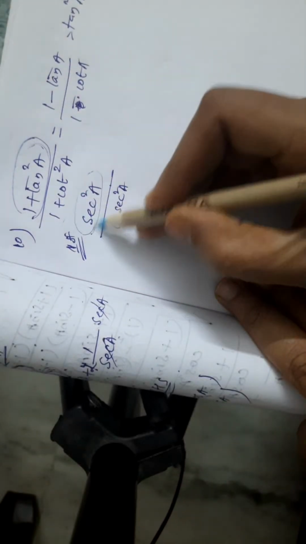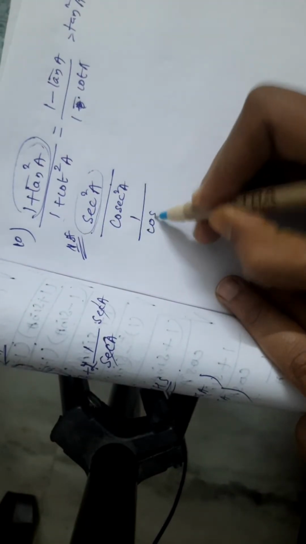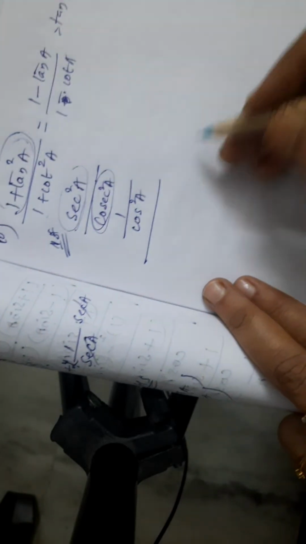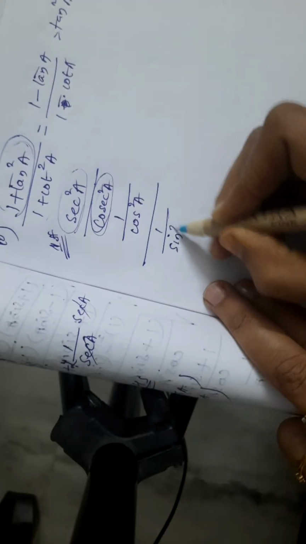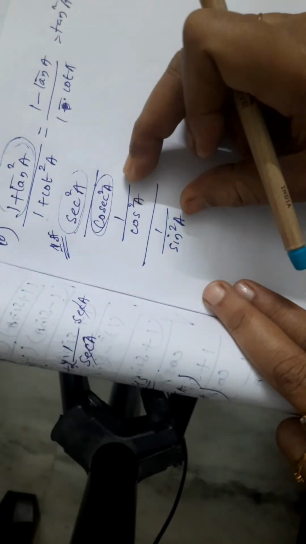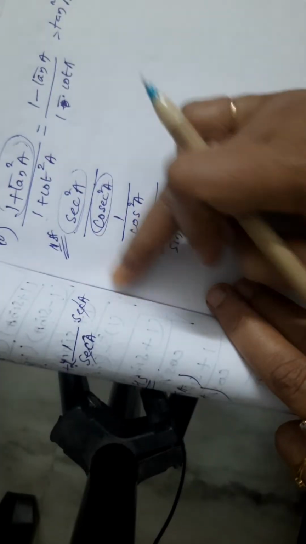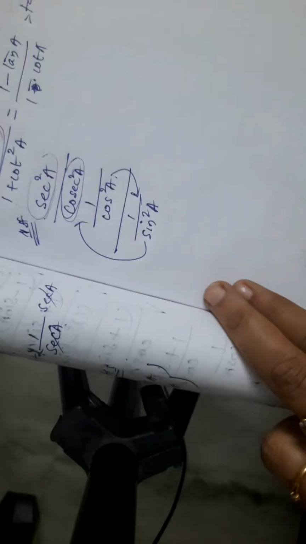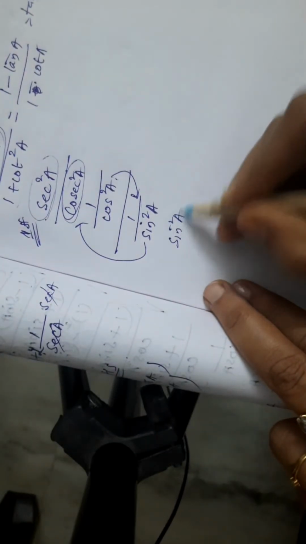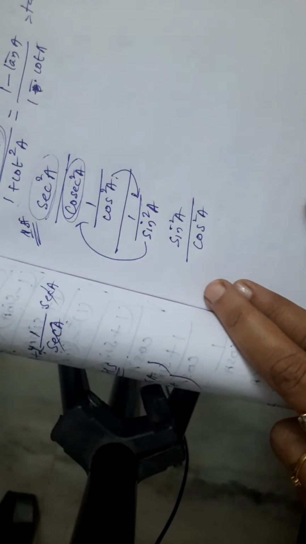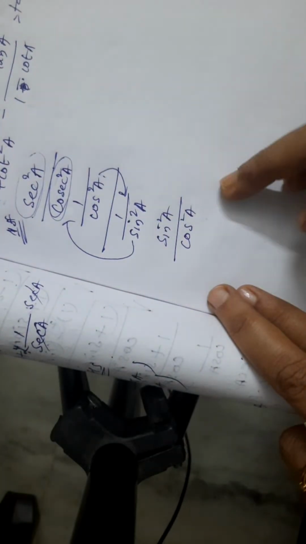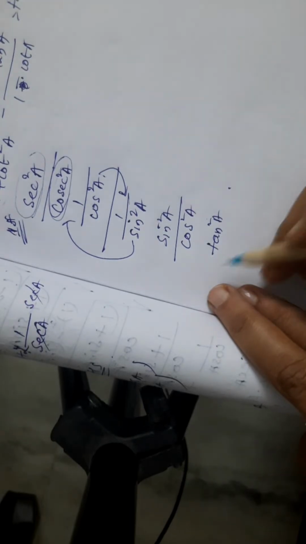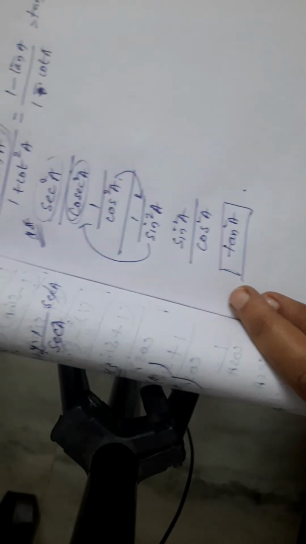Sec is reciprocal of cos, so it will be 1 upon cos square A. Cosec is reciprocal of sin, so this becomes 1 upon sin square A. Now both these terms are in division, so they get reciprocal. Sin square goes up, cos square goes down. So here sin square A upon cos square A. Sin upon cos is tan, so it will get replaced with tan square A. So this we got first term to be tan square A.